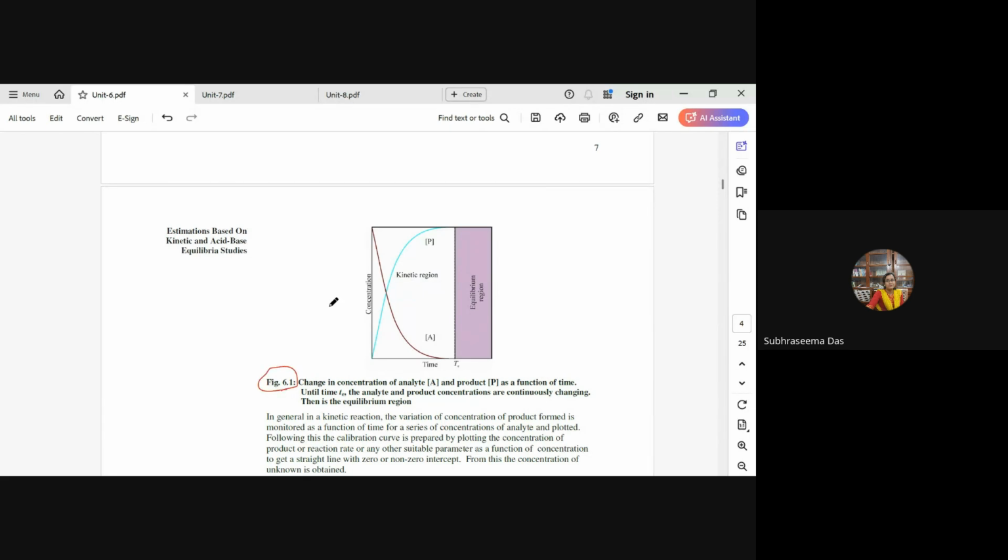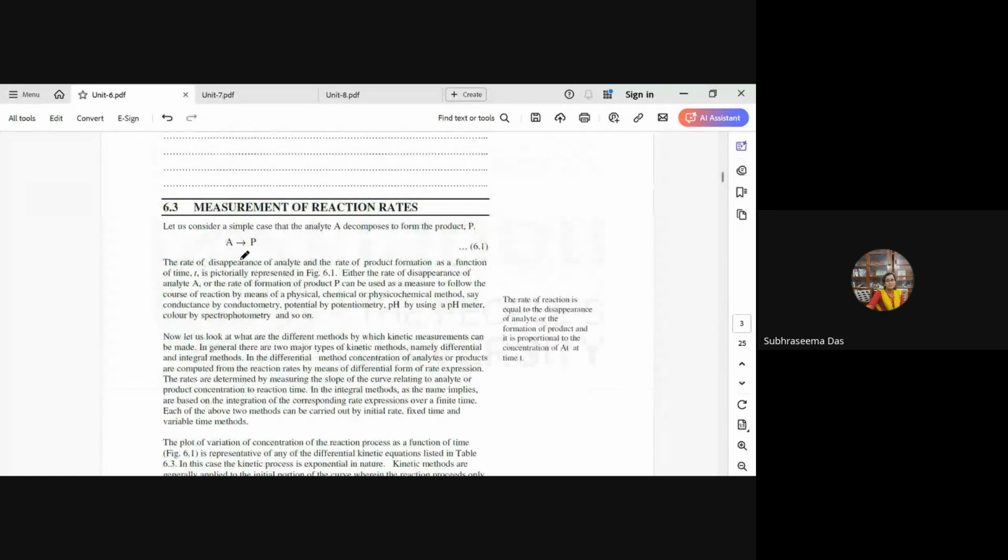In figure 6.1, on the x-axis we plot the time scale, and on the y-axis we take the concentration. The rate of the reaction is defined as the rate of disappearance of the reactant A and the rate of formation of the product P. In this way, we can tell the disappearance of the reactant and the formation of the product, which gives us the rate of the reaction.